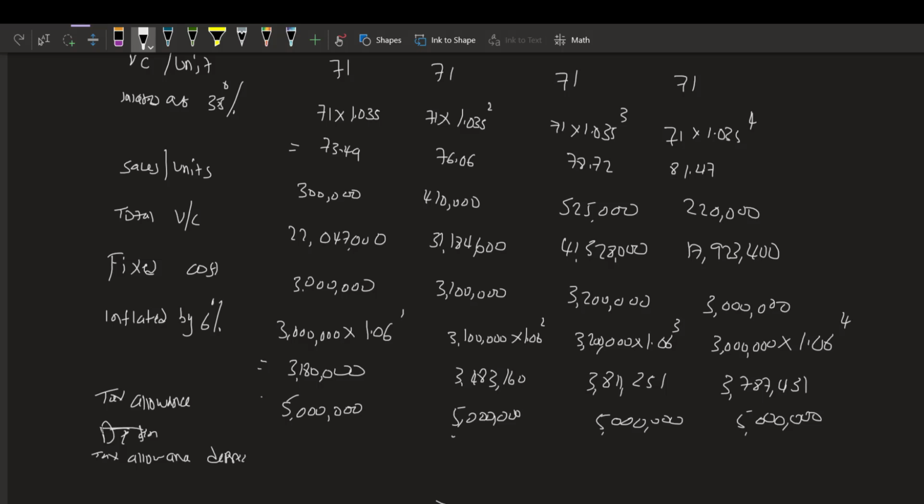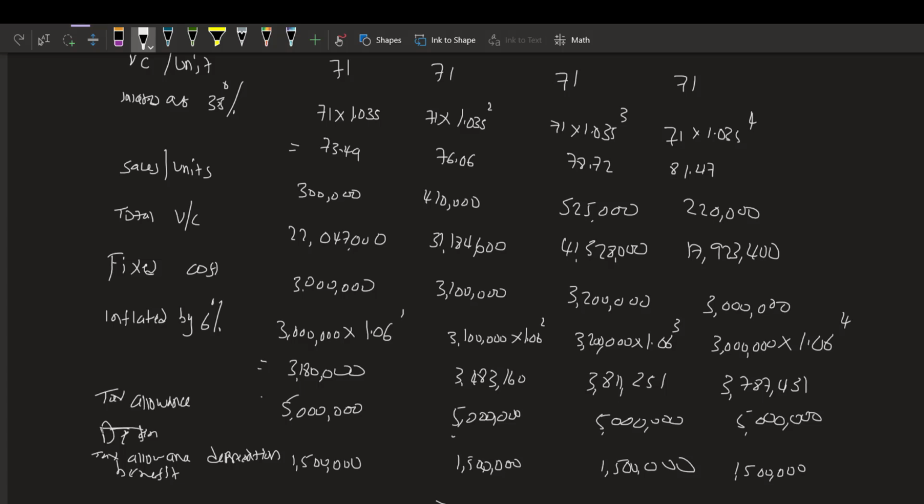This is at 30% because the tax rate is 30%. So 30% of 5 million is 1.5 million. On a straight line again, 1.5 million. And lastly, 1.5 million. And that's it.